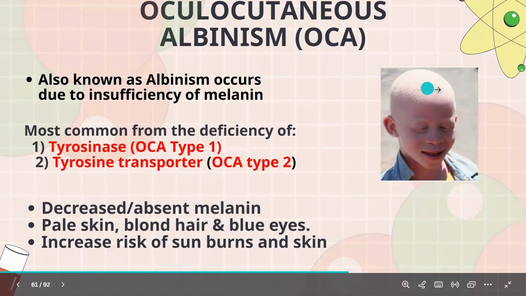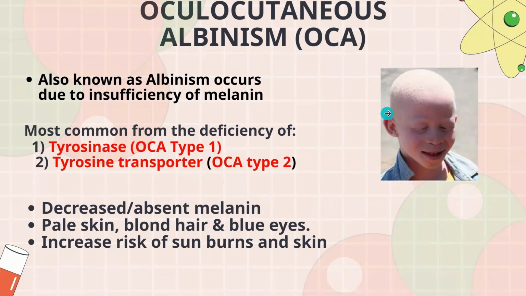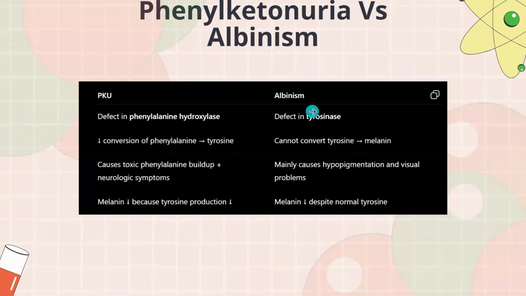Here's a patient, and as you can see, all the features we're talking about. So let's talk about phenylketonuria versus albinism. If you remember, we talked about how in PKU you have fair hair and blue eyes. However, in albinism you also have blue eyes and white hair. So how do we differentiate them?